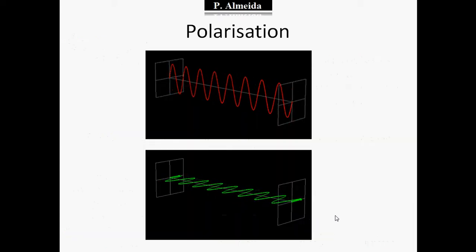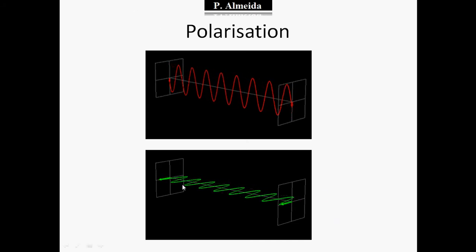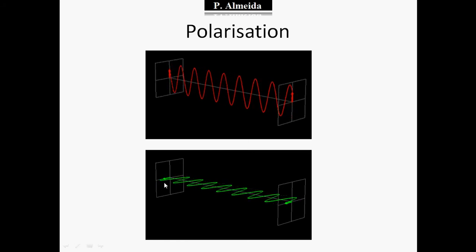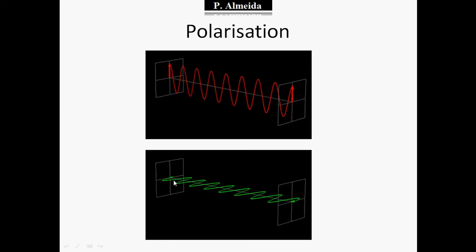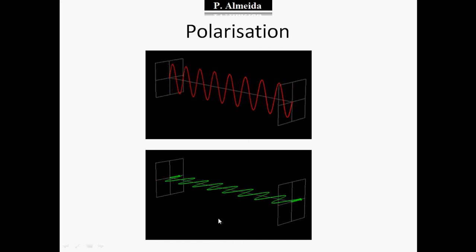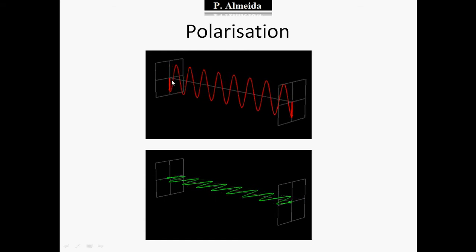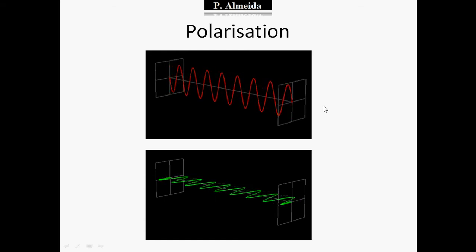Alright, this is another example of polarization. Here, this wave is polarized up and down, and this wave is polarized sideways, still at 90 degrees from the direction of the wave, so it is a transverse wave. Then imagine I have the plane here, so the waves were allowed to move up and down, and here you don't have any other wave.